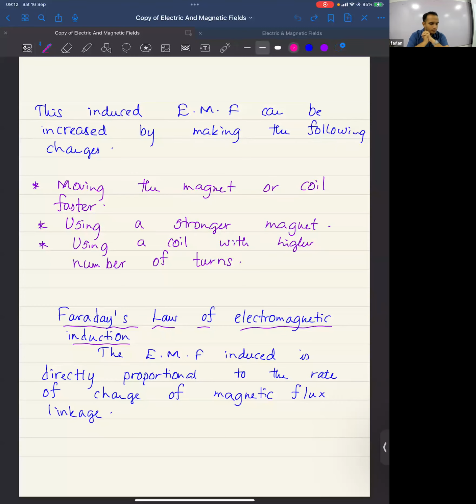Under that, in point forms. The first one, moving the magnet or coil faster. The next one, using a stronger magnet. And using a coil with a higher number of turns.